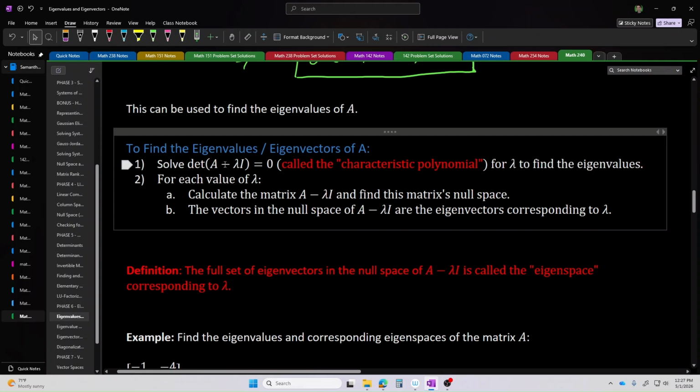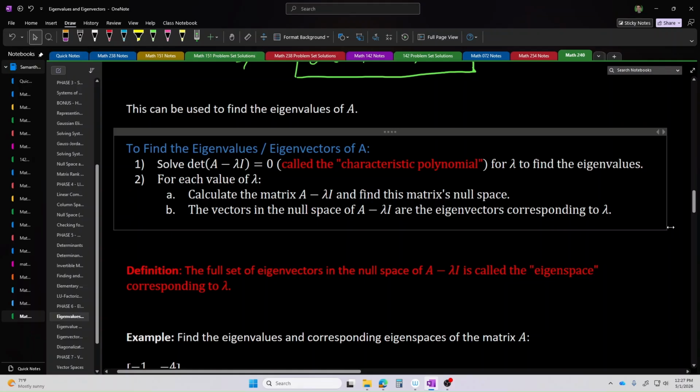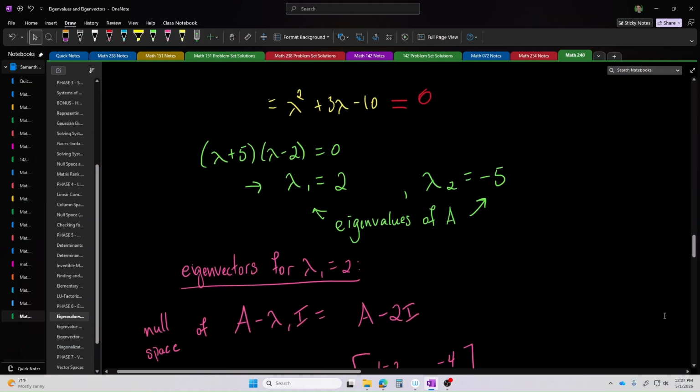Some terminology associated with these calculations. When we write down this equation, determinant of A minus lambda I equals 0, this equation that we write down to help us find the eigenvalues and solve for lambda, is called the characteristic polynomial.